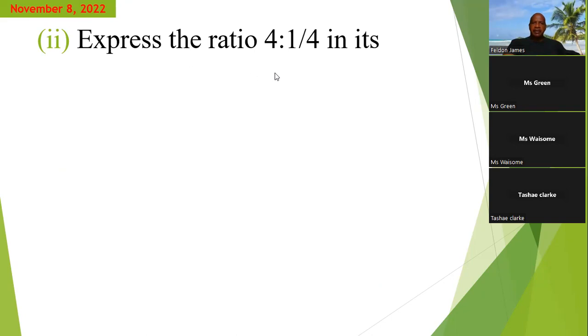Also, if we are expressing this ratio in its simplest form, we notice that we have 4 to a quarter.